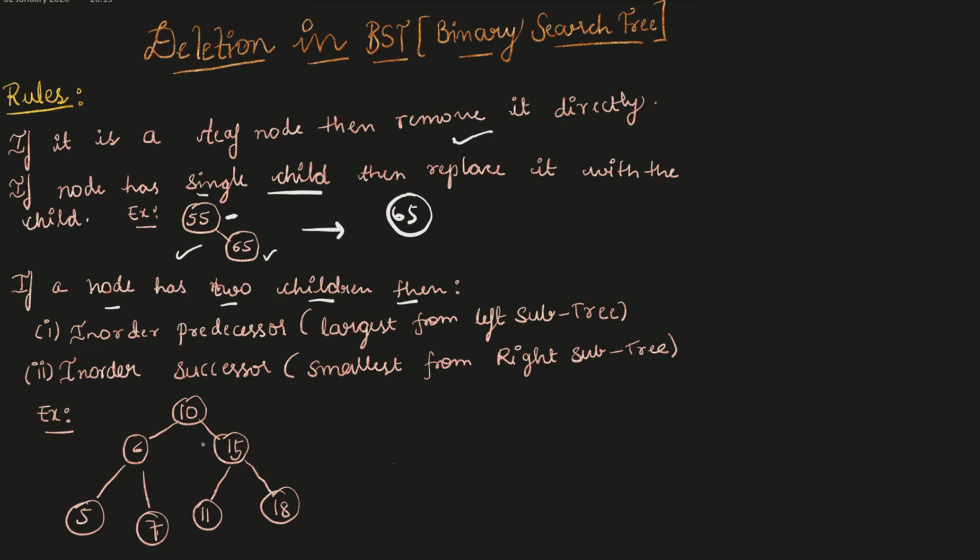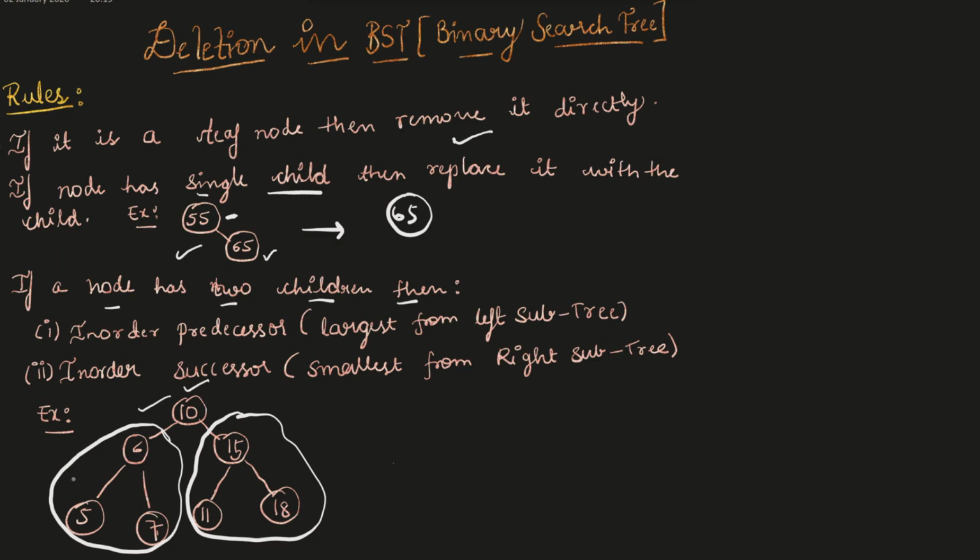Coming to the third case, suppose I want to remove the element 10 from this tree. So what we do is, this is called the in-order predecessor: the left part of the node which you want to delete. The in-order successor is the right part of the node which you have selected.